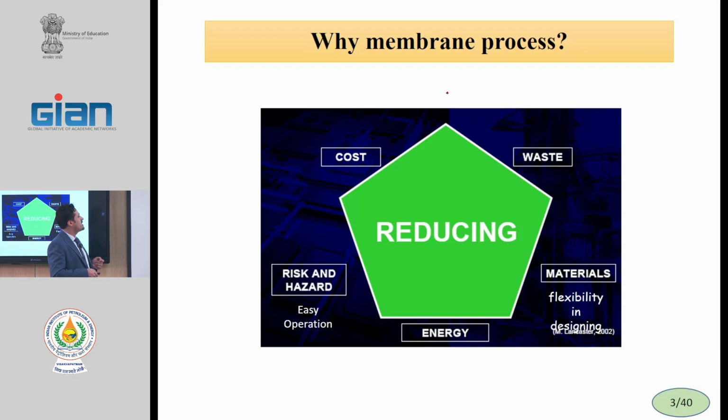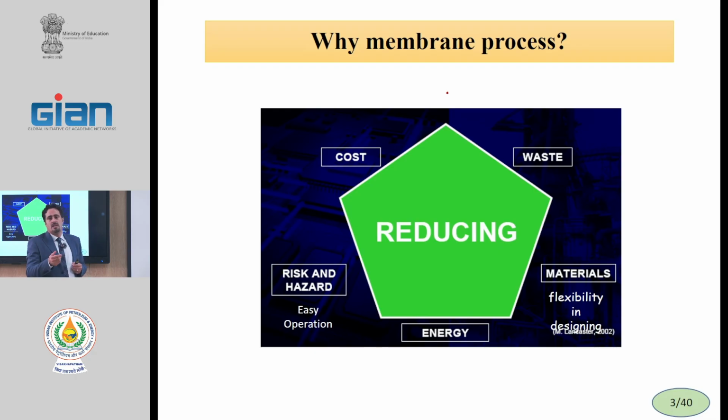Another reason is flexibility in design. Membranes need very little space, and we can compact the modules and pressure vessels in a very small space. We can put the membranes high or to the right and the left, vertical or horizontal, and we can change the design.